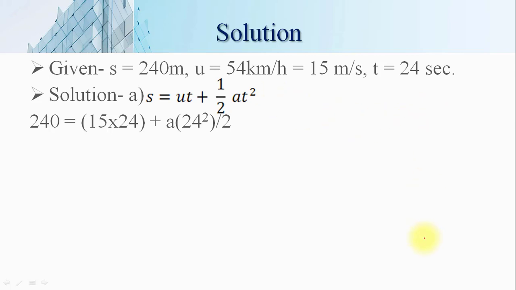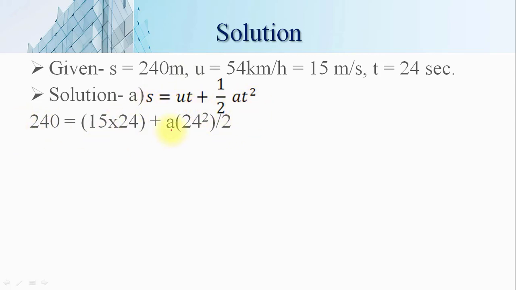Just list all three equations and check one by one how many things are given for each of them and what is asked to find. Here we are asked to find A, that is deceleration, and S is known, t is known, initial velocity is known. So I chose the equation S is equal to ut plus half at square.